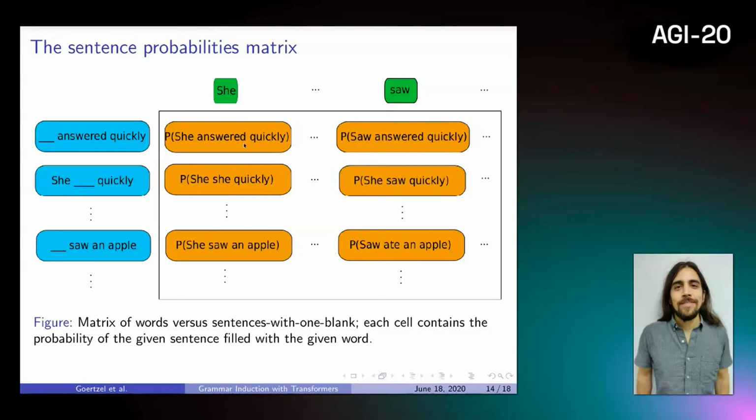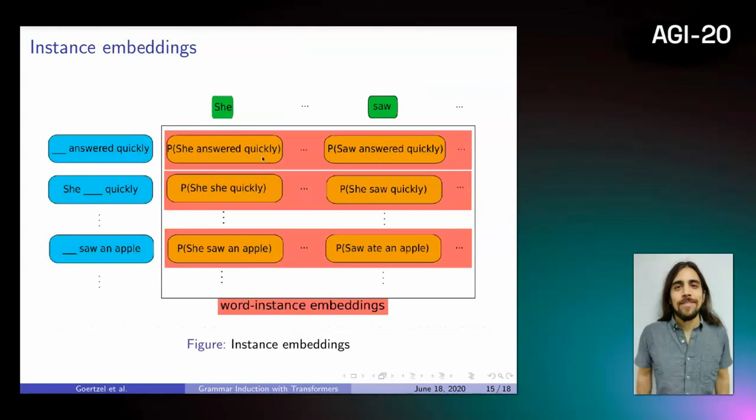So this way we can create embeddings that have similar meaning in the rows. If we take the rows, we can use instances of the words to see if these instances have a similar behavior according to the words that you're filling in.